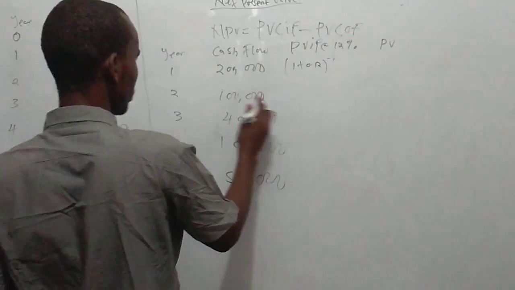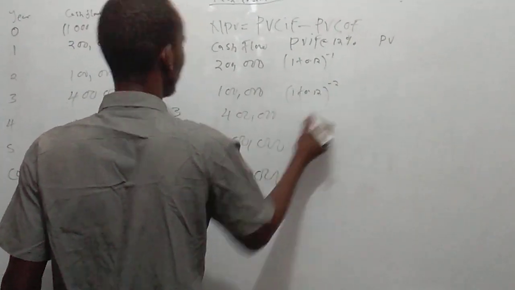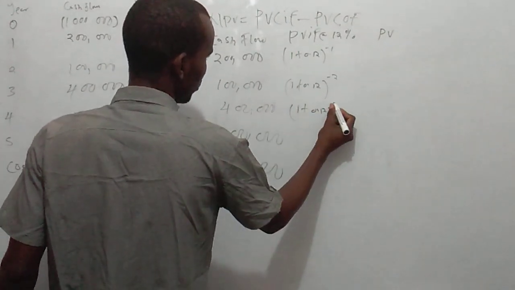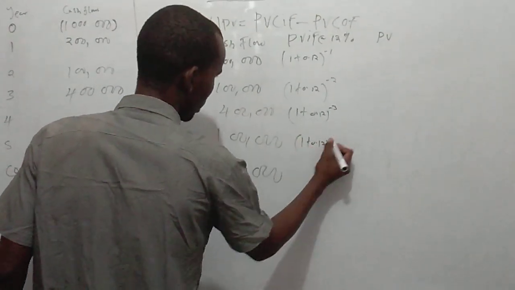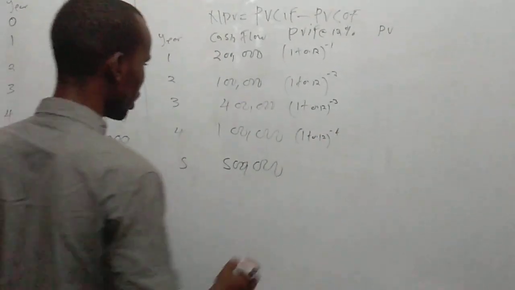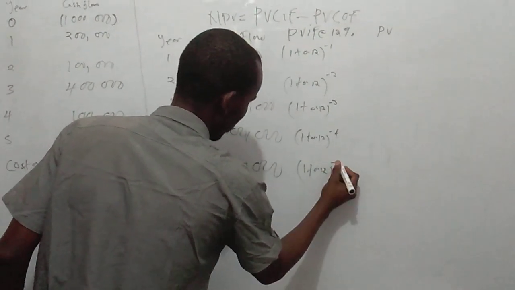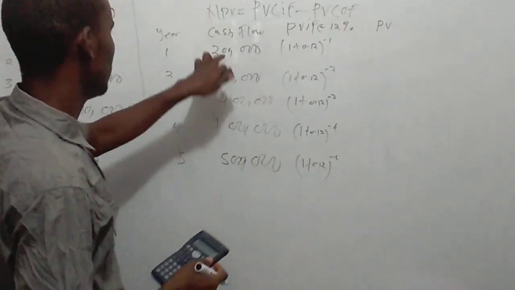For year 2, it's 1 plus 0.12 raised to negative 2. For year 3 it is 1 plus 0.12 raised to negative 3. For year 4 it is 1 plus 0.12 raised to negative 4. Year 5 is 1 plus 0.12 raised to negative 5. So we multiply that with the cash flow amount.